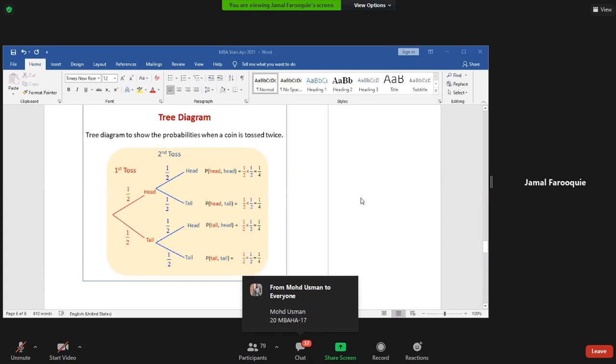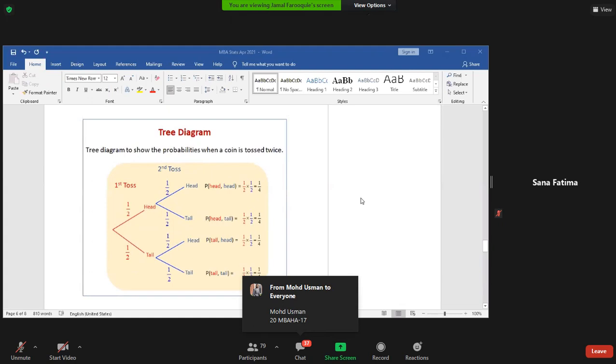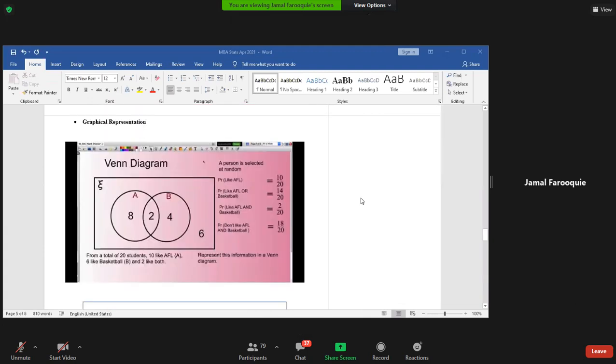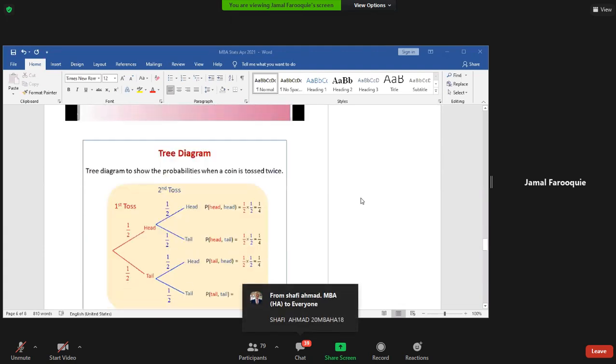The screen is visible. Yeah, it's visible. Venn diagram and tree diagram, yes.